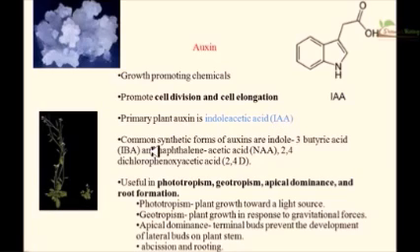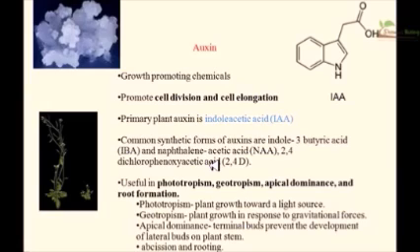Now common synthetic forms of auxins available in the market are indole butyric acid or IBA, naphthalene acetic acid or NAA, and 2,4-dichlorophenoxyacetic acid or 2,4-D. So 2,4-D, NAA, and IBA are the synthetic forms of the auxin derivative.